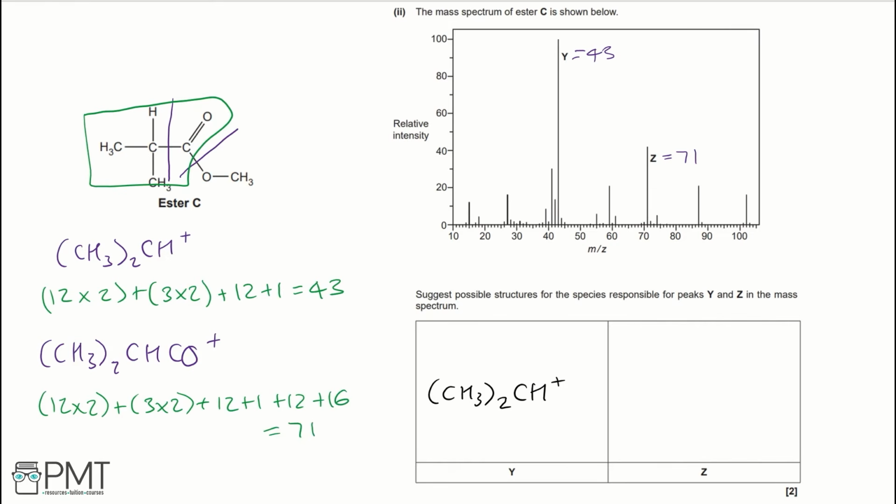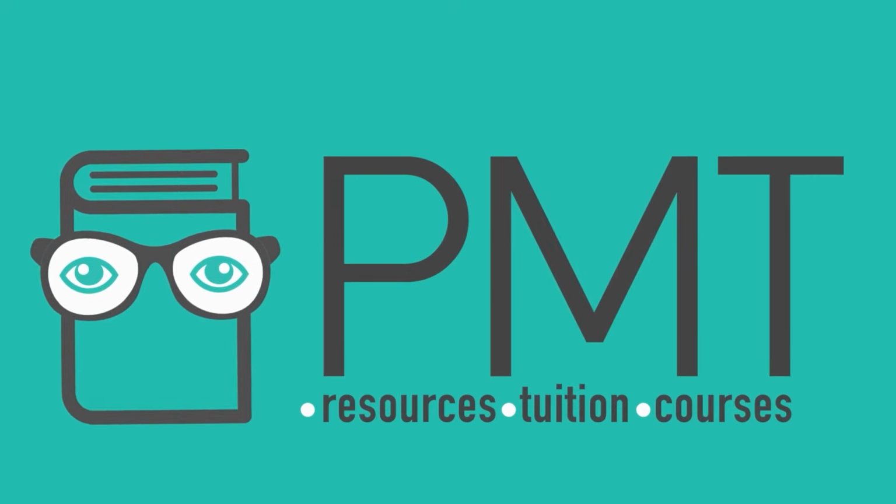And that equals 71. Again, reassuring us that this is the correct species responsible for peak Z. So then we would write in the answer box CH3 brackets 2CHCO+. To get the marks for this question, you get a mark for each correct species that you have identified.